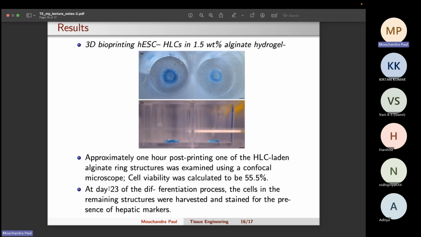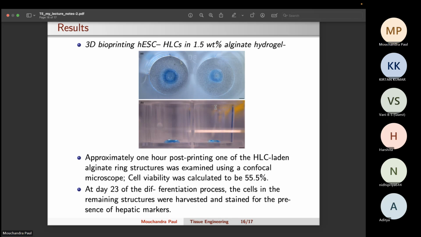And then, at day 23 of the differentiation process, they have cultured it up to day 23. So at day 6 the cells were used, and they cultured it till day 23.